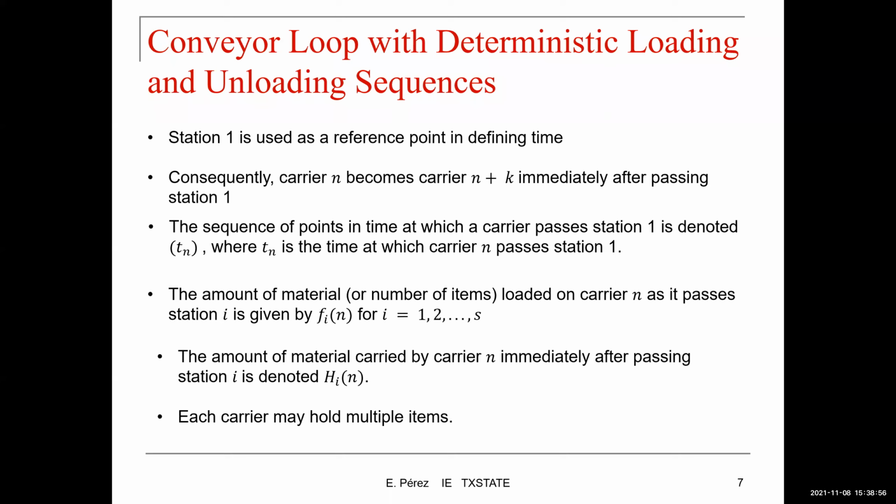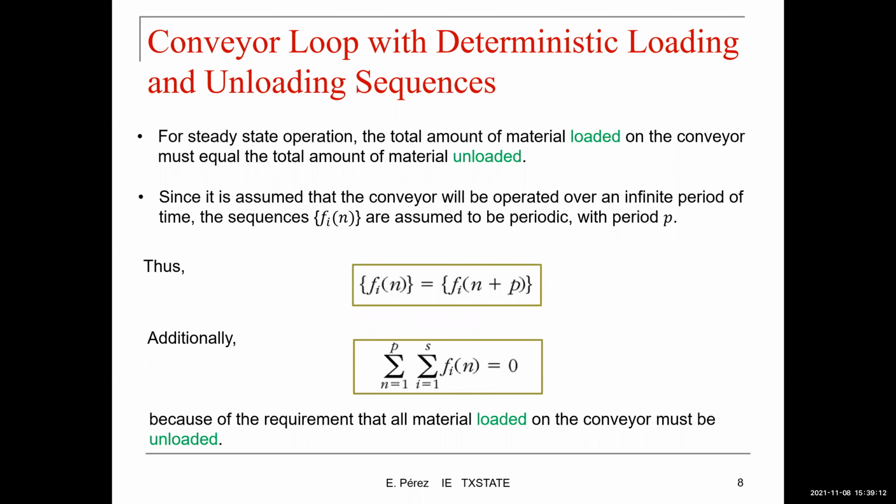So again, the idea is for us, knowing that this is the setup, knowing the sequence of loading and unloading, knowing the number of carriers that we have in the conveyor, to estimate how much space we need in each one of these carts. So I went through explanation of these equations.